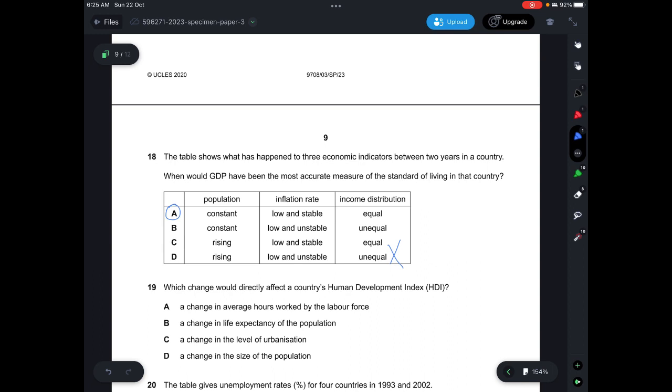And so in this case, they would be able to have better standards of living. If it's unequal, then it's a bit more difficult to calculate the standards of living of the average citizen in that country, right?